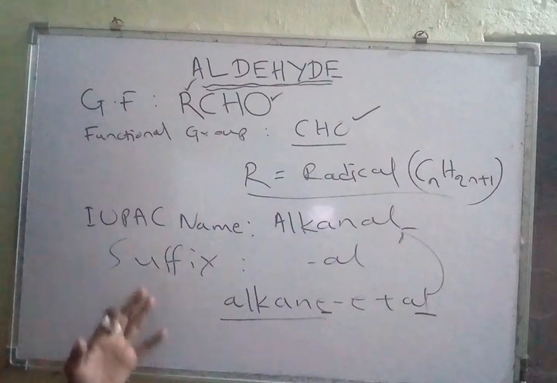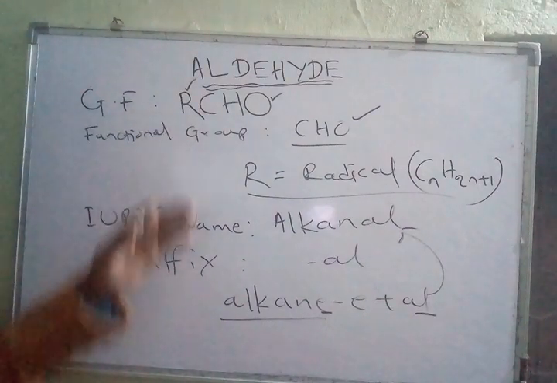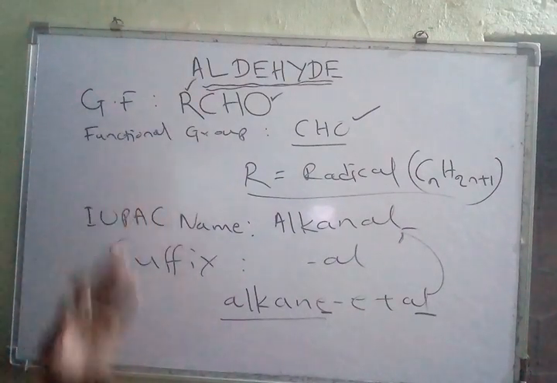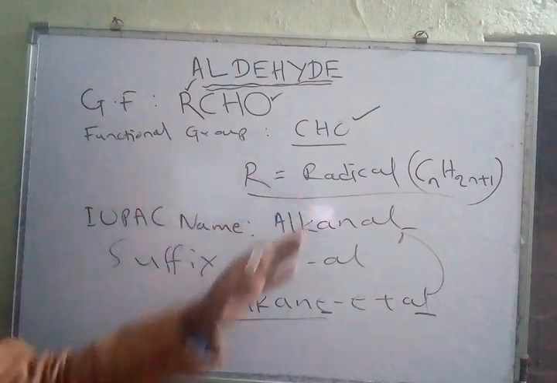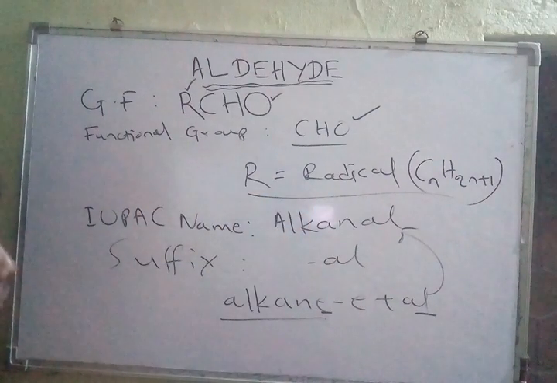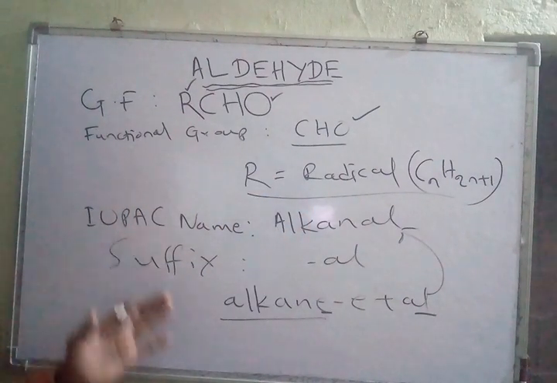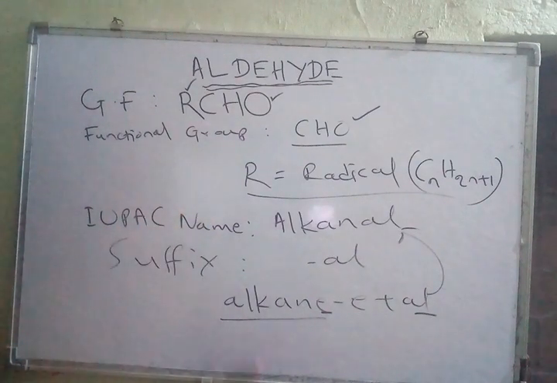So this is the general formula RCHO, functional group CHO. Here R is the radical group or the alkyl group, and the IUPAC name of the given compound is alkanal, and that is why the suffix is al. That means the names of all the compounds in this group will end in al.